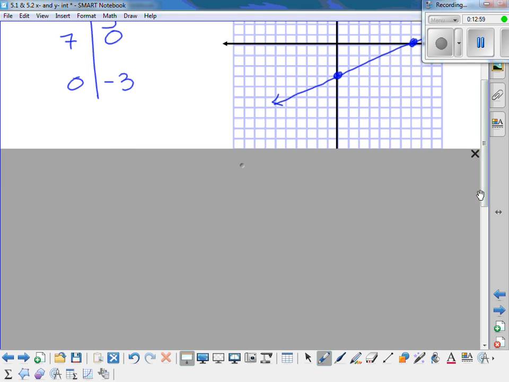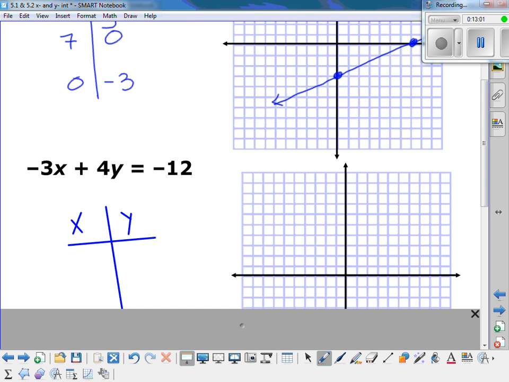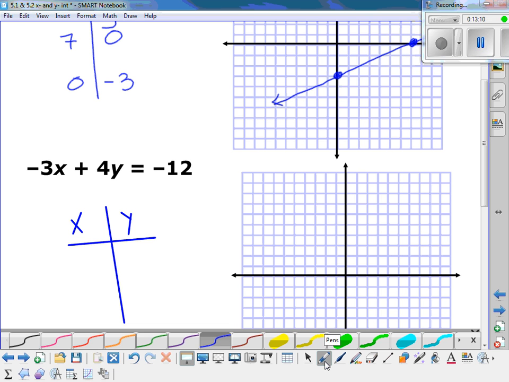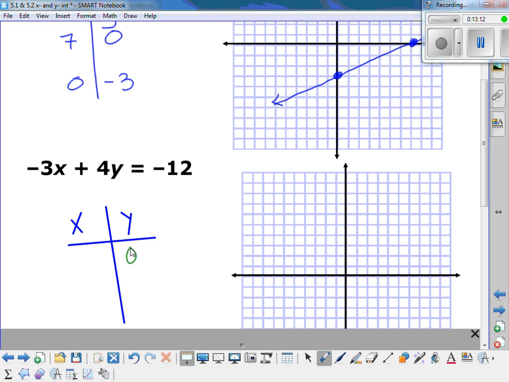Okay, so on your whiteboards, I want you guys to do this one. Okay, so when we plug in 0 for y, what did you get for x? Positive 4, because a negative divided by a negative is positive.